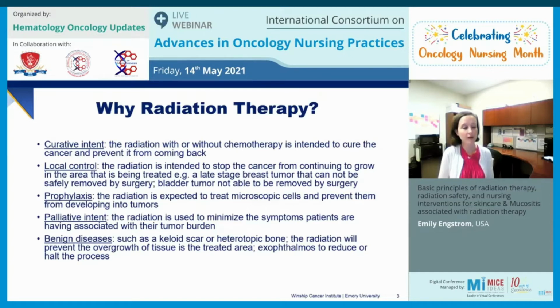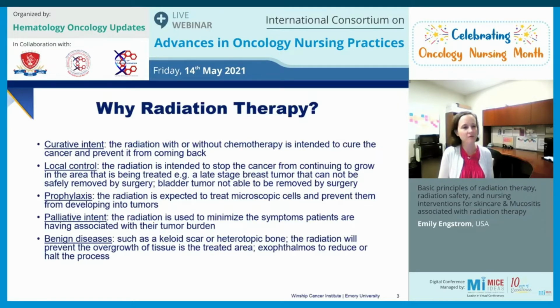When we treat palliatively, our patients receive radiation to help with side effects of their cancer. We're not intending to cure them, we're not intending to provide really any control of the disease. We know that the disease is going to progress, but we want to give them the best quality of life that they can have.